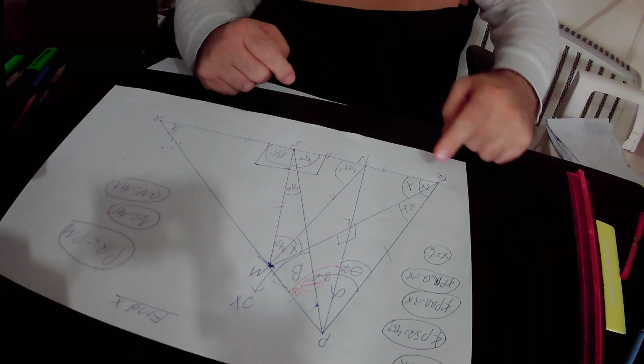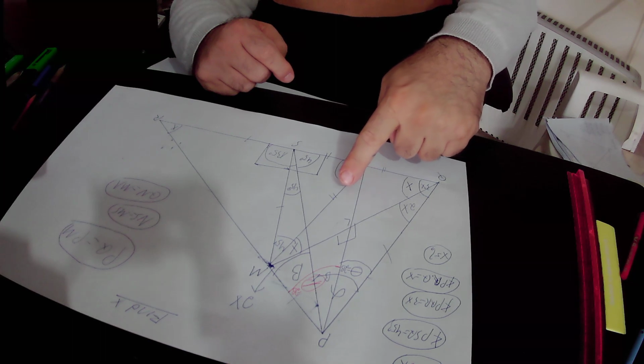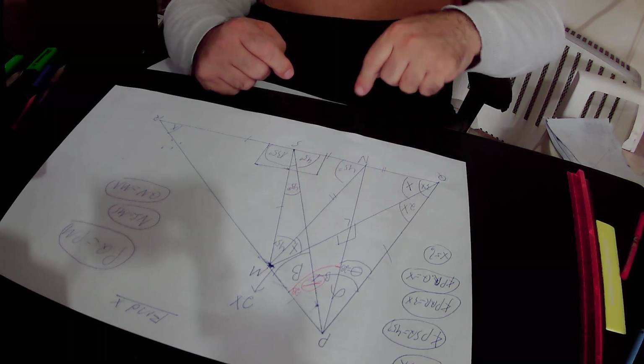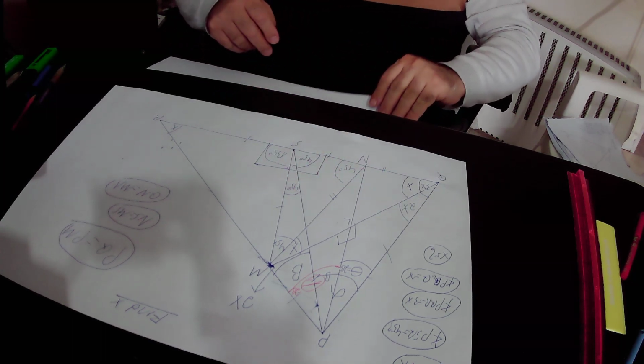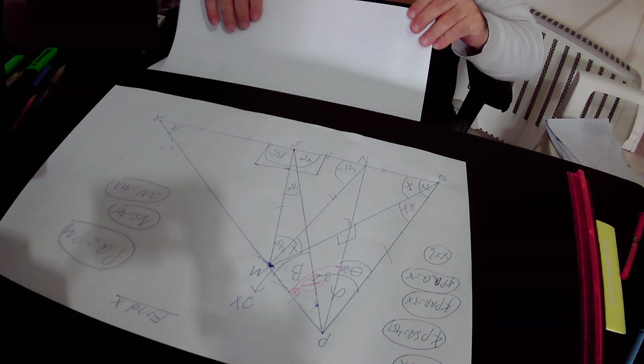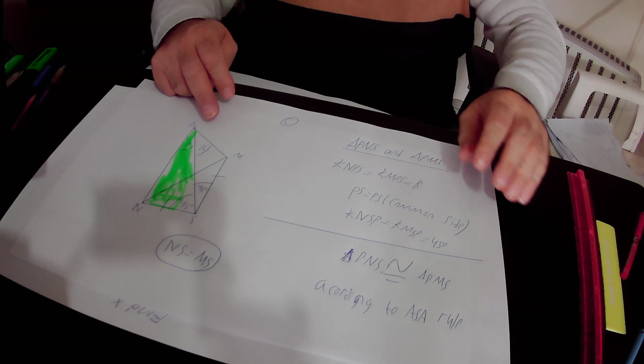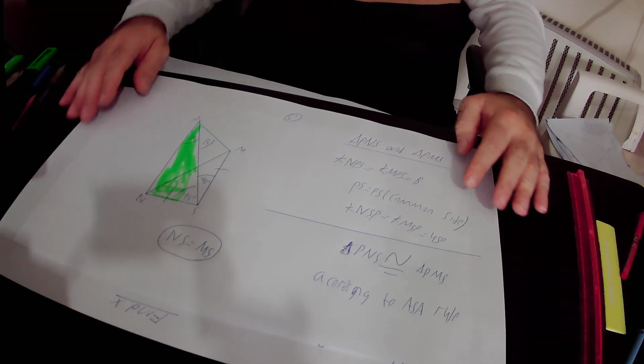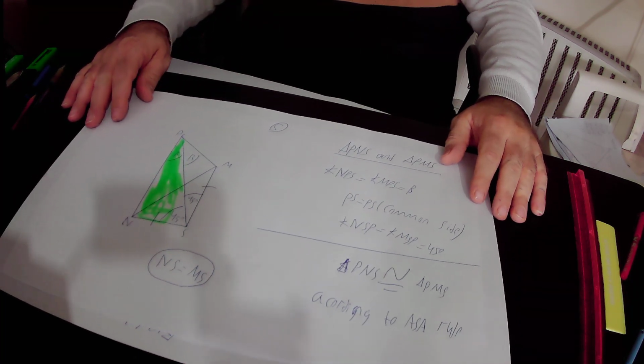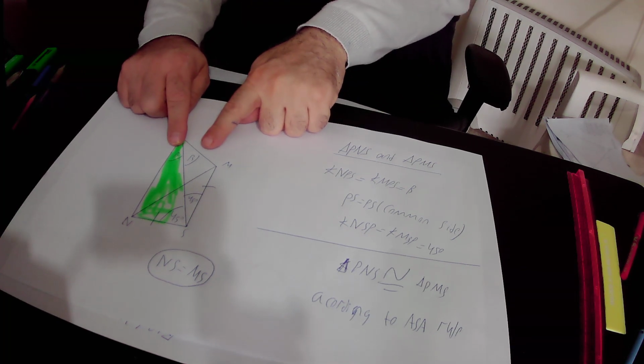Then we proved the triangle PNS is congruent to triangle PMS. I drew those two triangles in a new page together, and we proved that the green triangle is congruent to the white triangle. Why are they congruent to each other? First of all, we have those two angles that are equal to each other.